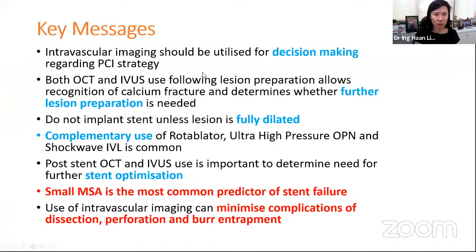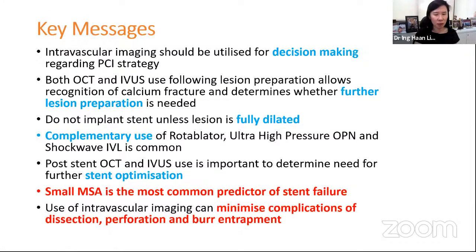So the key messages I would like to summarize are that intravascular imaging should be utilized for decision-making regarding PCI therapy. Both OCT and IVUS use following lesion preparation allows the recognition of calcium fracture and whether further lesion preparation is needed. Never implant a stent unless the lesion is fully dilated.